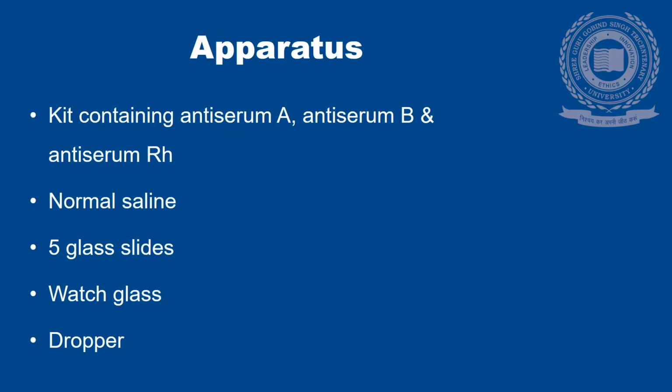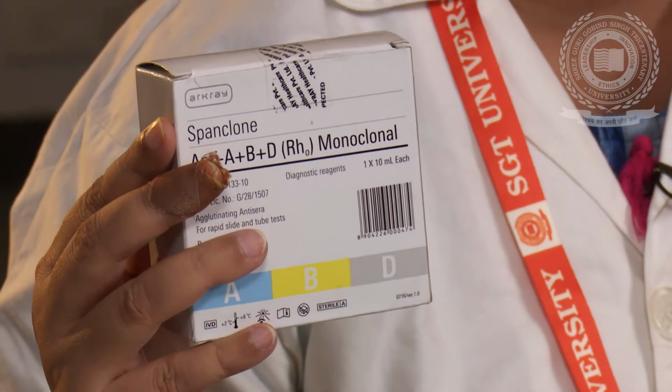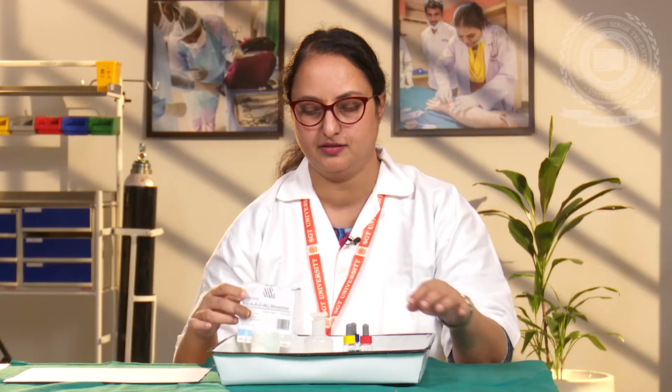The apparatus for this practical consists of a kit containing anti-serum A, anti-serum B and anti-serum RH, normal saline which is 0.9% NaCl, 5 glass slides, a watch glass and dropper. In order to perform this practical, we need a kit containing anti-A, anti-B and anti-D antisera.